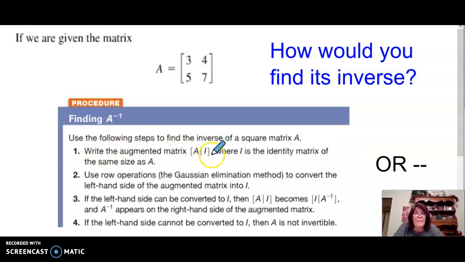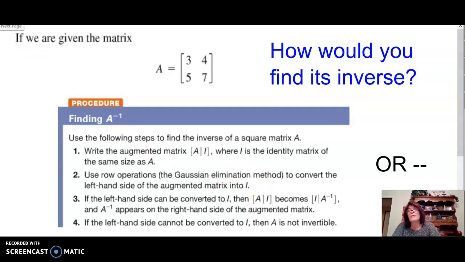Basically, you make augmented matrices, and you keep doing the row operations that we did in 6-1 until the identity is on the left and another matrix is on the right, then that's the inverse. Now, if it can't be converted, then there's not an inverse. 0 doesn't have a multiplicative inverse; I can't put 1 over 0. So there are some matrices that don't have inverses.